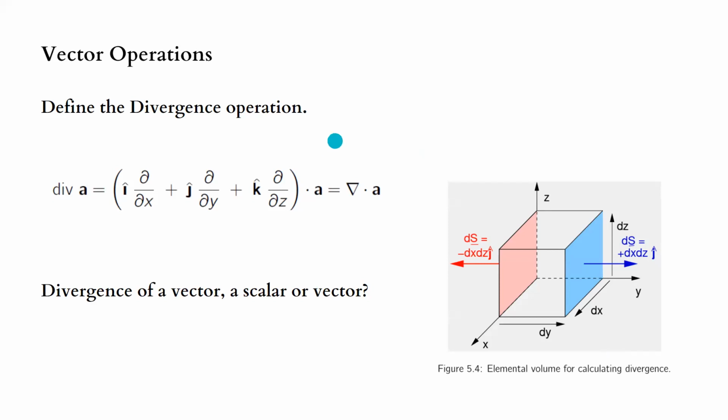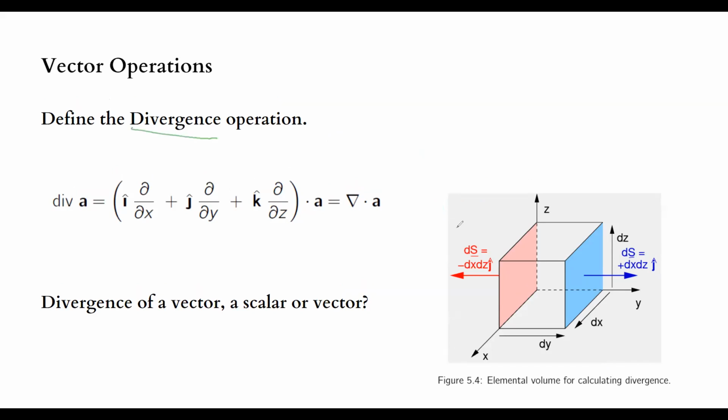The divergence operation, right? If you want, I can talk about this in the next class as well. I will give just an understanding about the divergence operation, and I will explain why it's important. Divergence is a very important operation in the electric field and magnetic field domain.